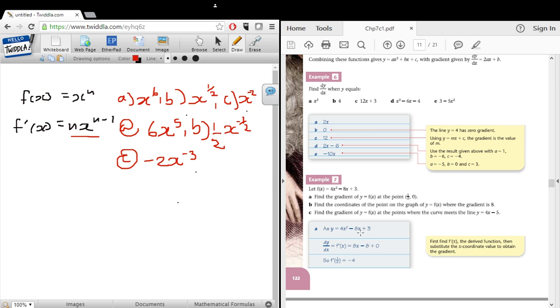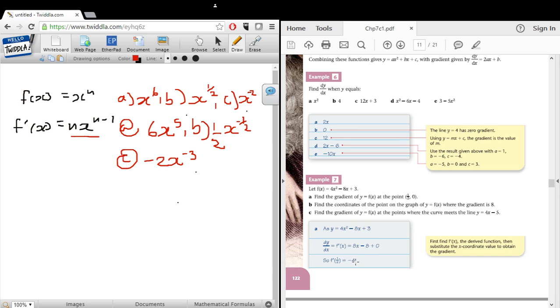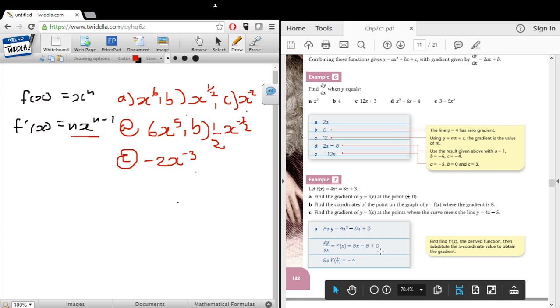So differentiated it first, okay, then essentially all they've said is, right, if we have 1/2 equals to x, what are we going to get? We're going to get -4. That's as simple as it is. So they differentiated it, and then they've substituted the coordinate.